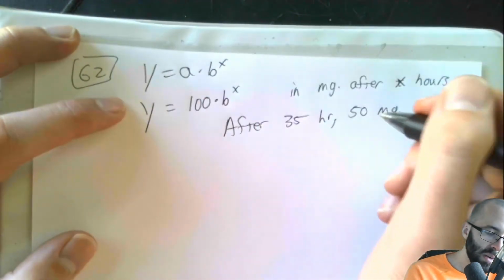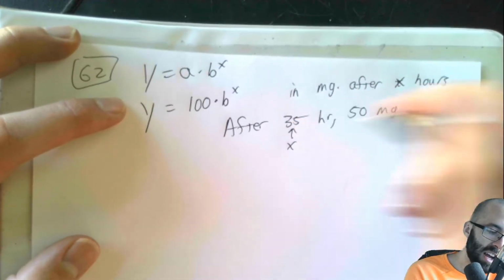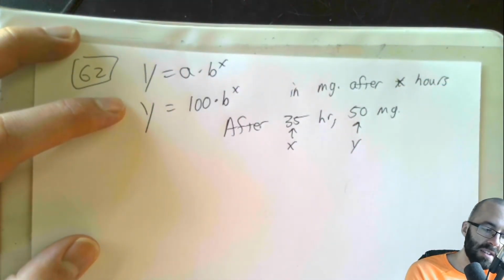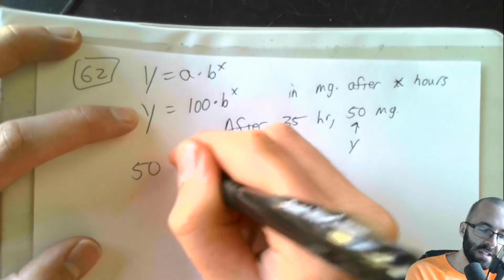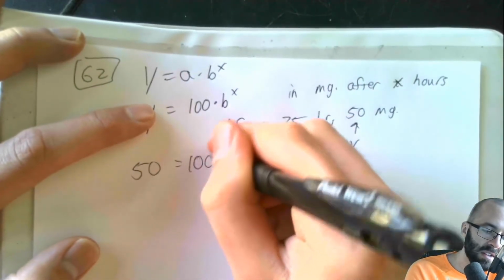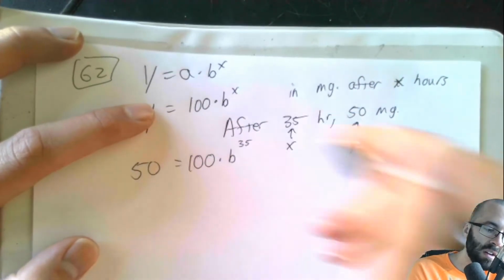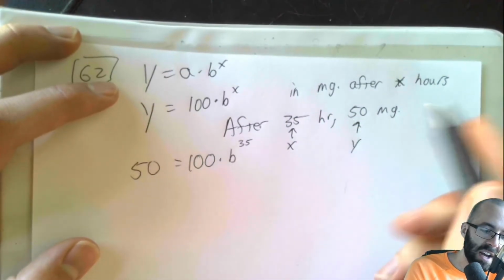That's our time, that's our x. That's how much we're going to have, that's our y. So y is 50 when x is 35. We can find our b value right here.